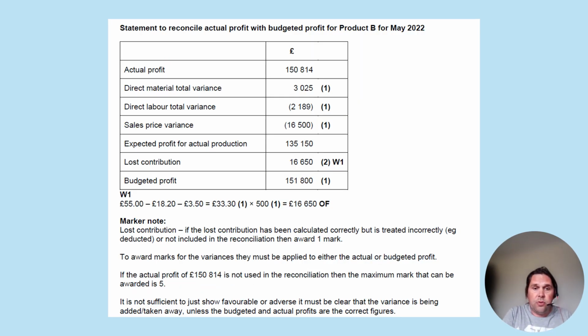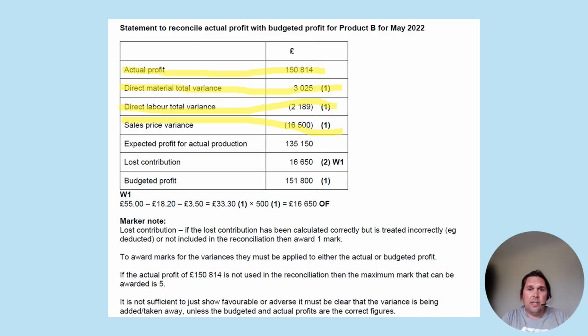Let's have a look on the next slide how it can be laid out. So the actual profit, no surprises here, isn't, like we said before, going to get you a mark because they told you it. The direct material total variance, so 3,025, we're going to add that back. That was adverse, so the budgeted profit would be higher because of that, and we're going to take away the 2 favourable variances because budgeted profit would have been lower because of those.